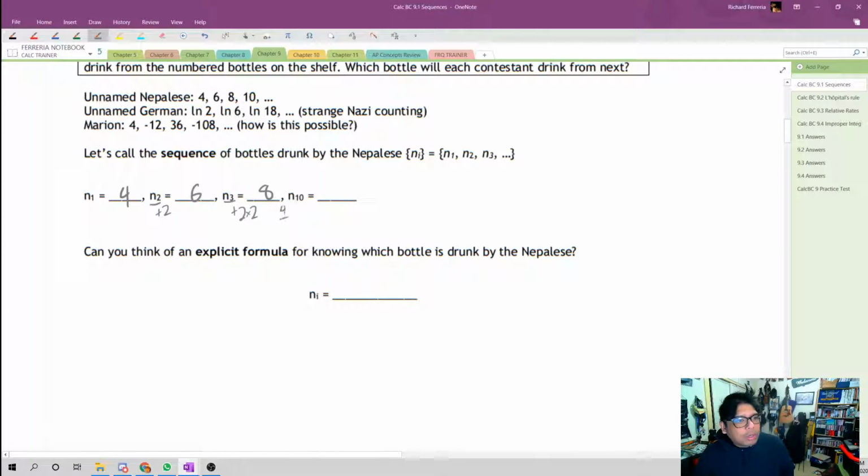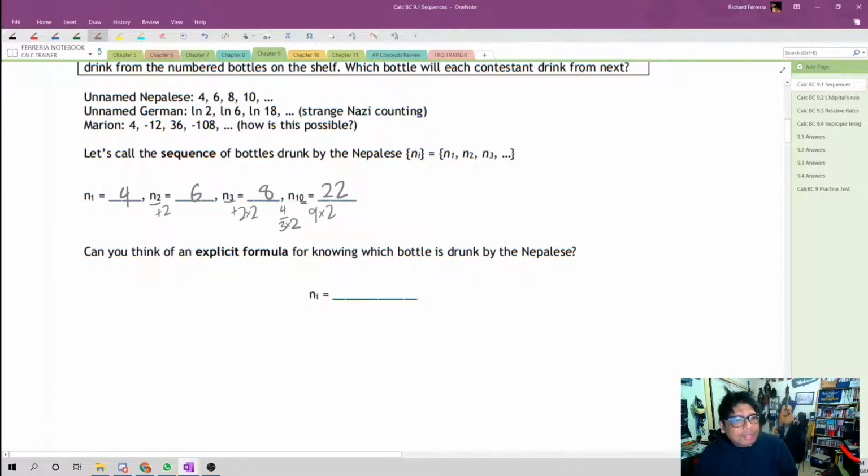N4, we would add 3 times 2. So that means for N10, we should add 9 times 2. Four plus 9 times 2, that is 22. So the 10th round, we're going to be at bottle number 22.